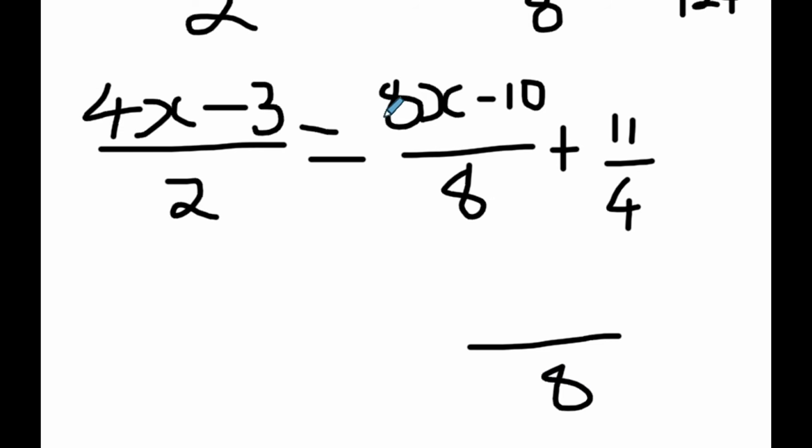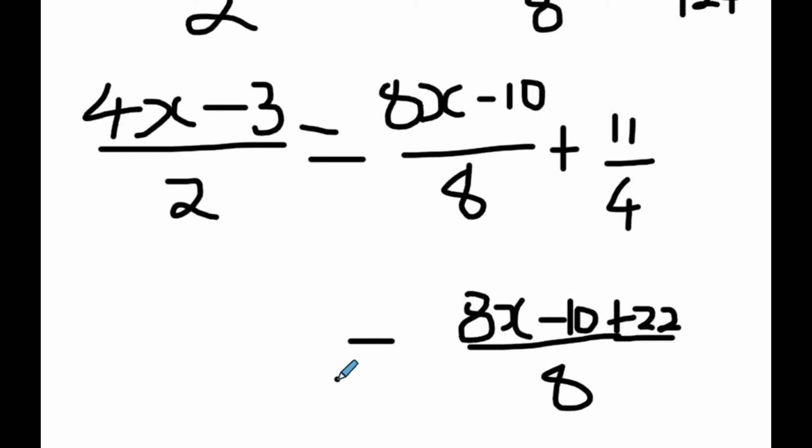1. If I multiply 1 with the whole of this, I still have the same thing there, 8x minus 10. 8 divided by 4 is 2. 2 times 11, 22. So I bring down my plus and 22. Mind you, it is still equal to.